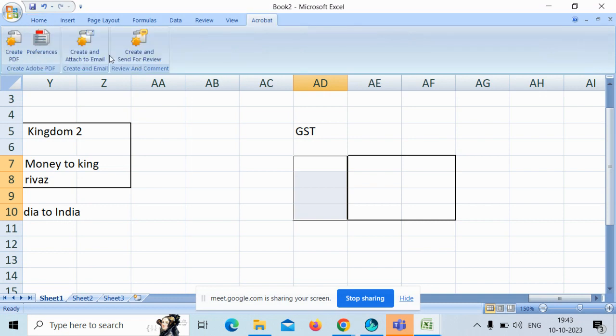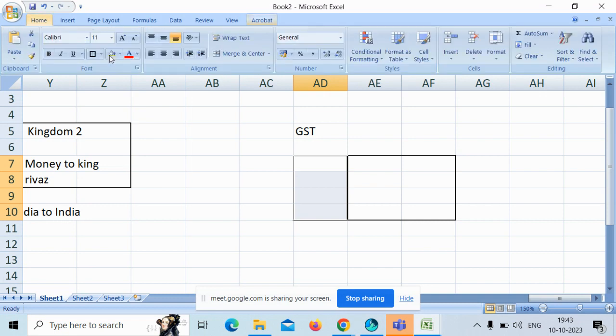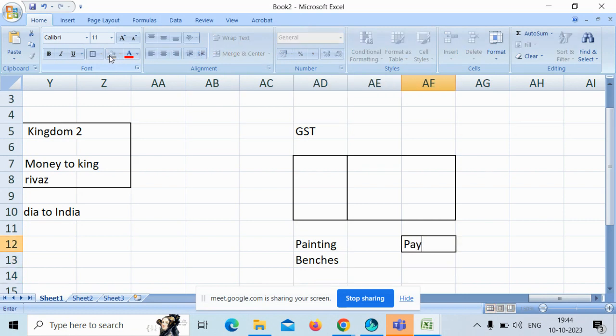One was big and one was small. So what happened here? In this classroom, I went for painting. Then I purchased benches. Then paying fees to teachers. Then I purchased paint boxes.